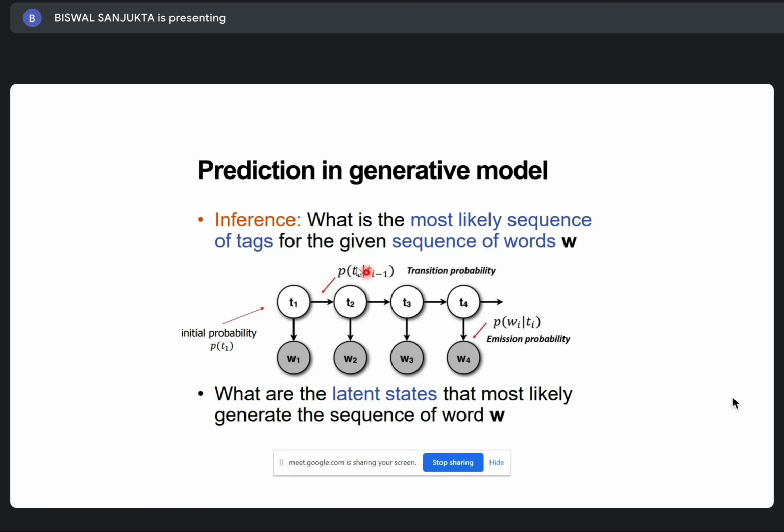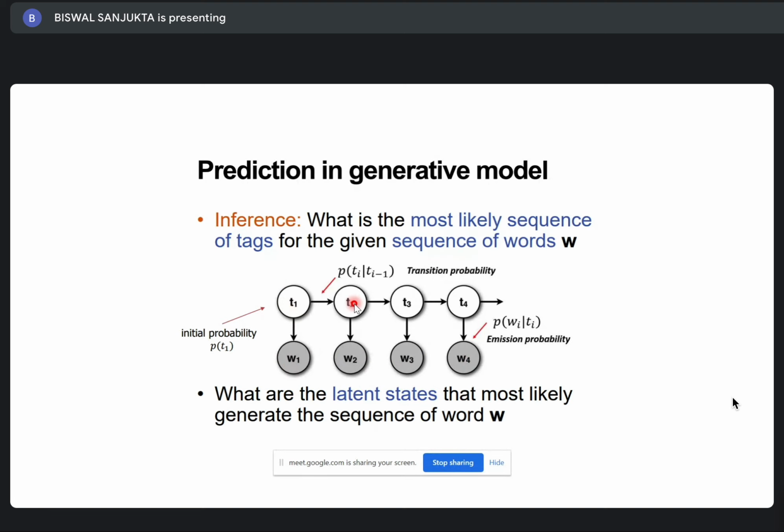Okay, so while we do this POS tagging, suppose I have W1, W2, W3, W4. These are my words in a sentence, and these we can observe, right?